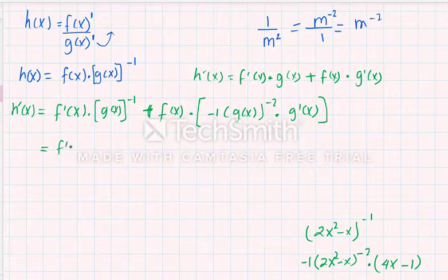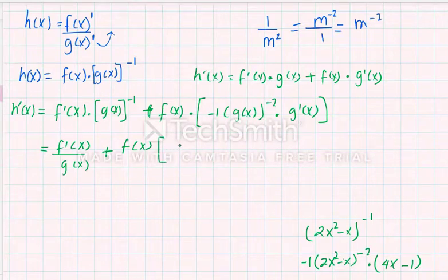So f prime of x over g of x to the power of 1, which we won't write, plus f of x, and let's see what's going on. What is this mess here? Okay, so here we have f of x times, let's work on the inside a little bit.